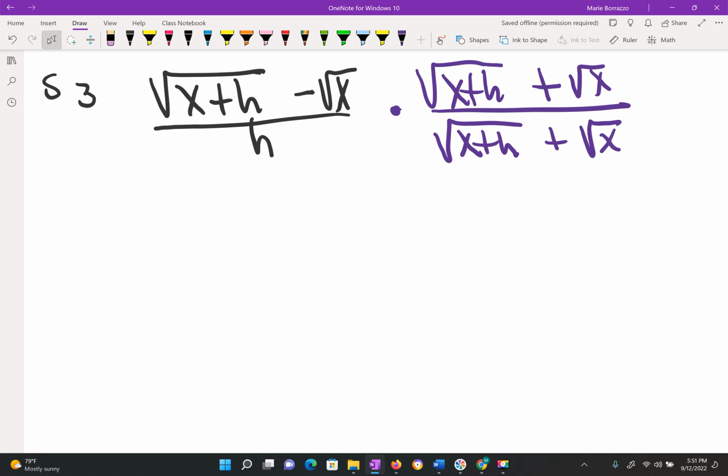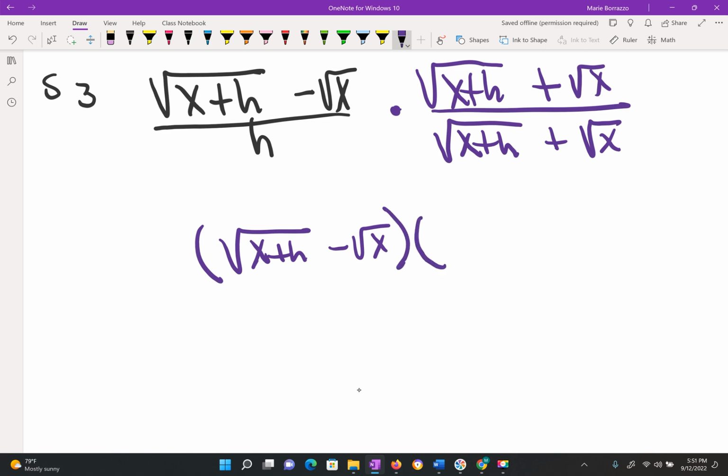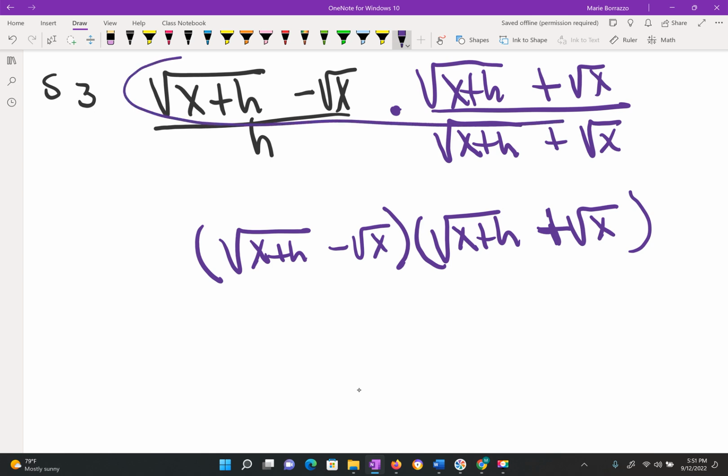If I FOIL, I'm going to write this out the long way. So the square root of x plus h minus the square root of x. I'm just doing the numerator first, so please be patient. Do you see where we're going with this? This is just this part, that's just that part.